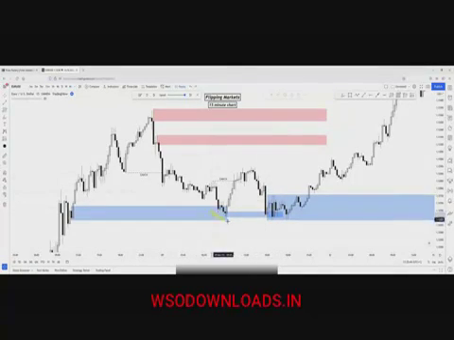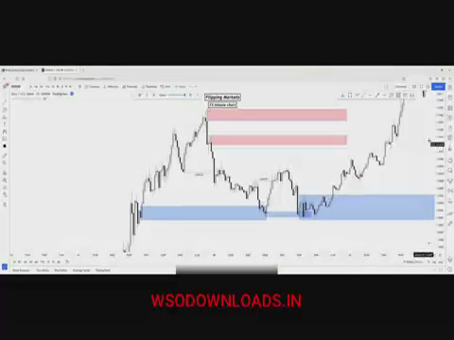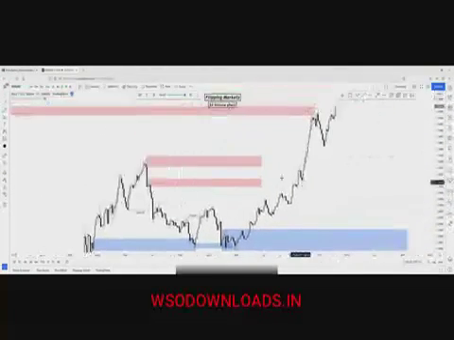It could have been a liquidity sweep from this region, or from this region. So these are just liquidity sweeps. Okay, price actually reversed on this demand zone. I believe there was a 1 minute change of character inside of this zone. And after the 1 minute change of character and the entry opportunity, price started to form a series of higher highs and higher lows.